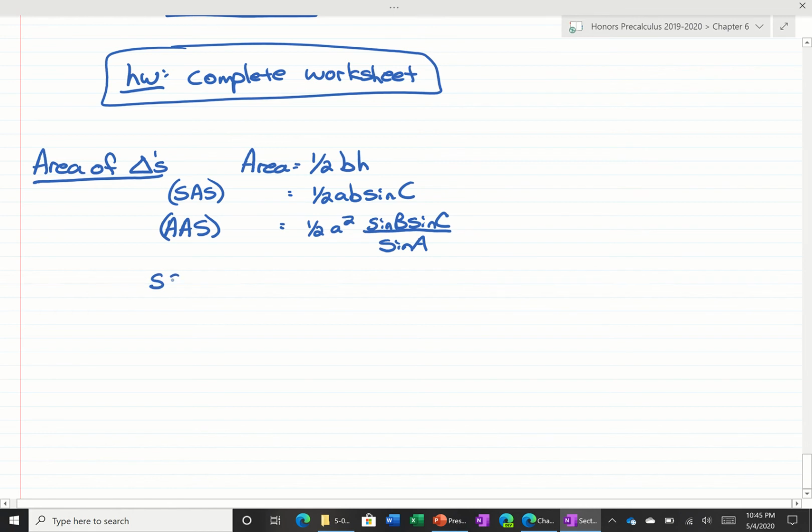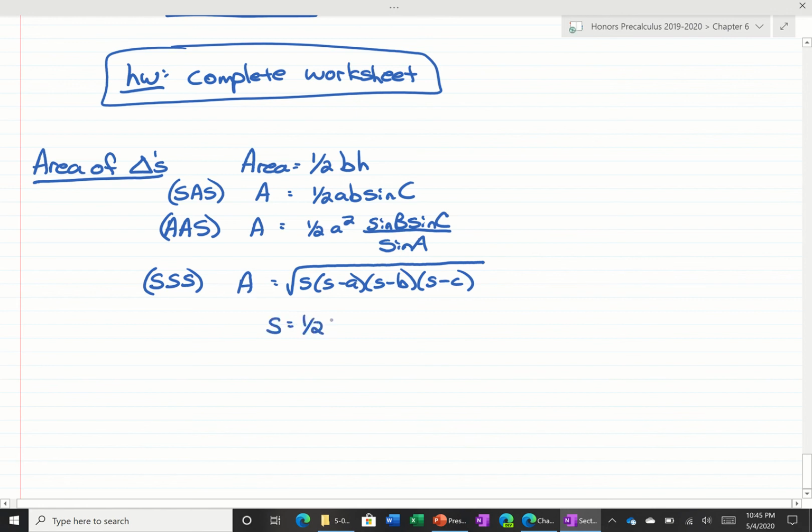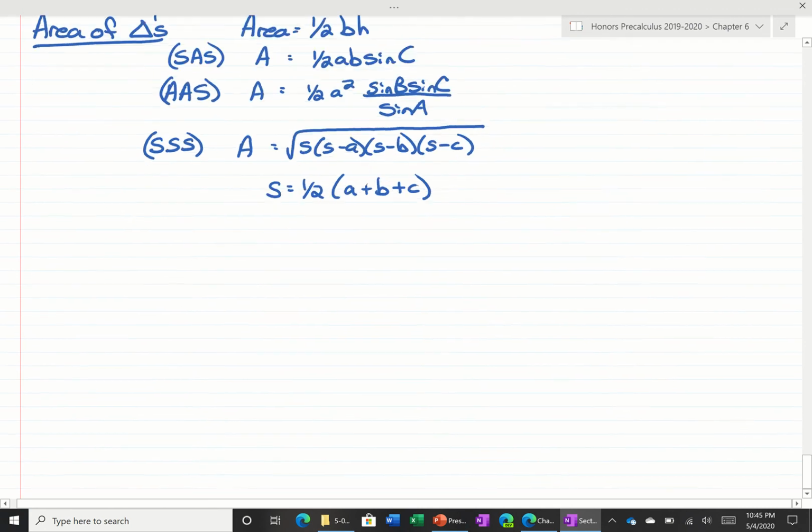And if you're given side, side, side, Heron's formula said the area is equal to the square root of S times S minus A times S minus B times S minus C, where S is equal to 1/2 of the sum of A plus B plus C. So that's a little review from yesterday.